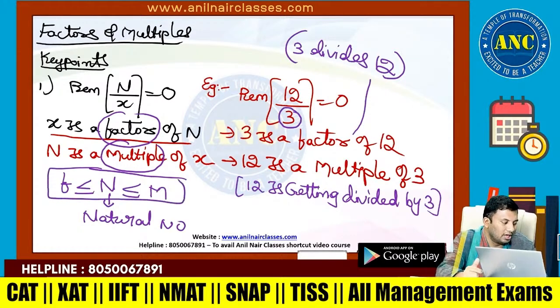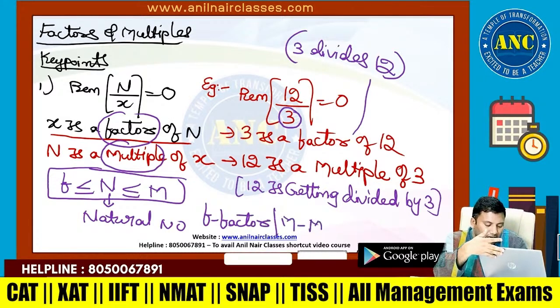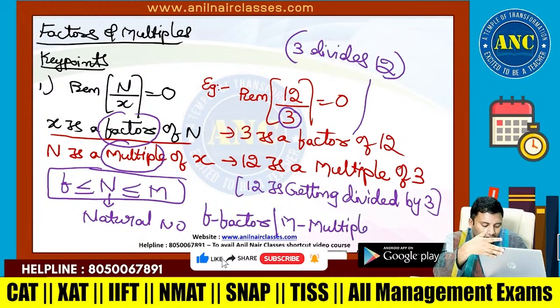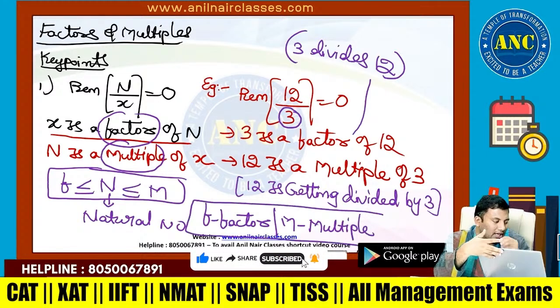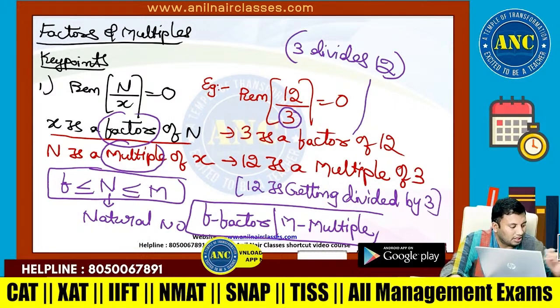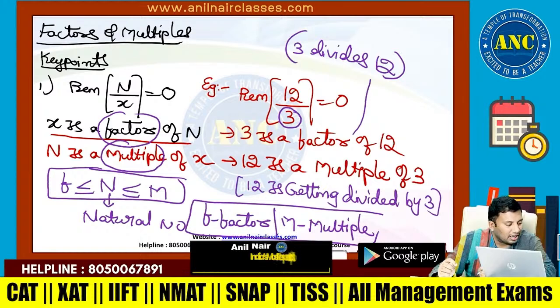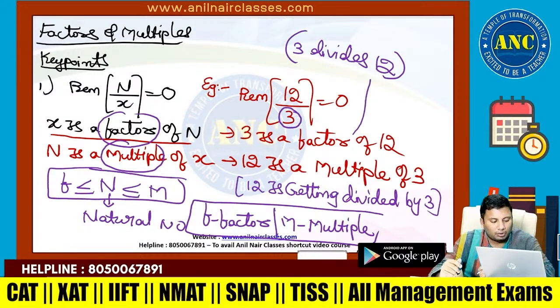Please write down: F less than or equivalent to N less than or equivalent to M. F is considered to be the factor and M is considered to be the multiple. I hope this definition is clear.